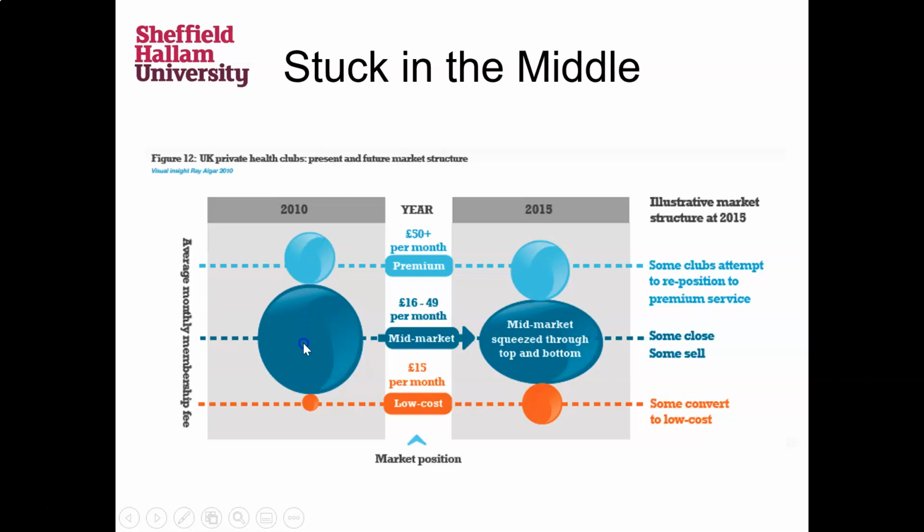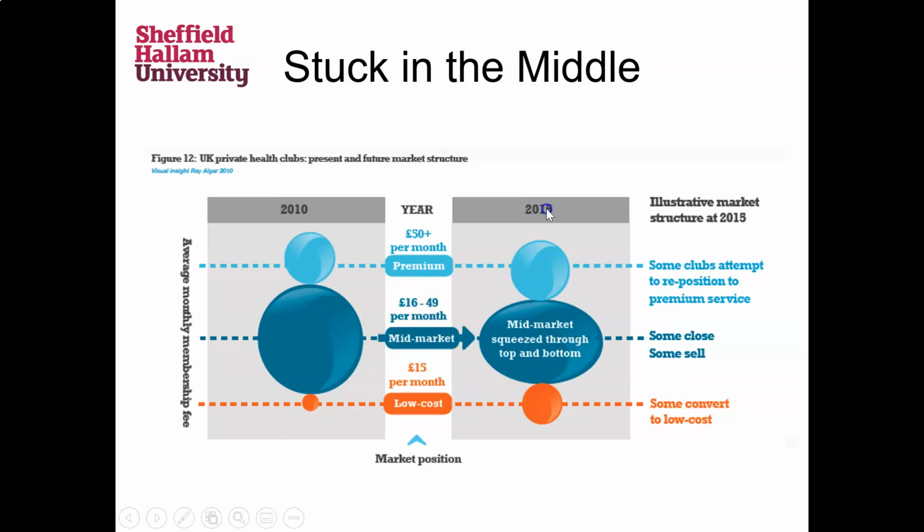And in the middle here, we've got what's called the mid-market, charging £16 to £49 a month. So there was a club chain in the UK called Fitness First, and there did used to be Fitness First clubs in Hong Kong. I'm not sure if they are still there.